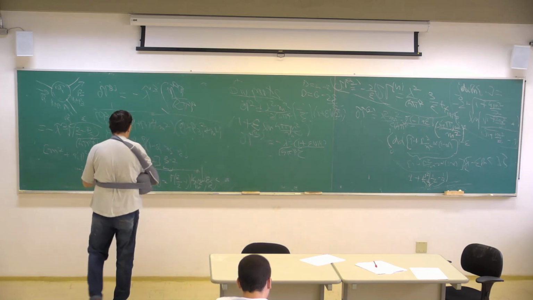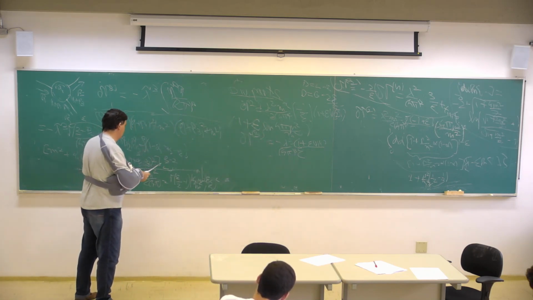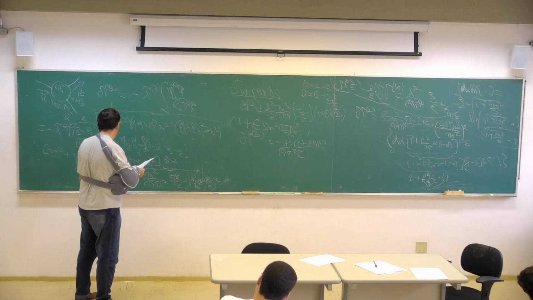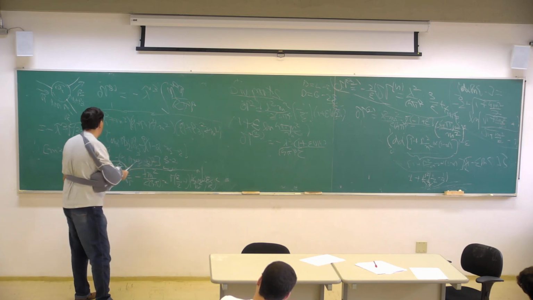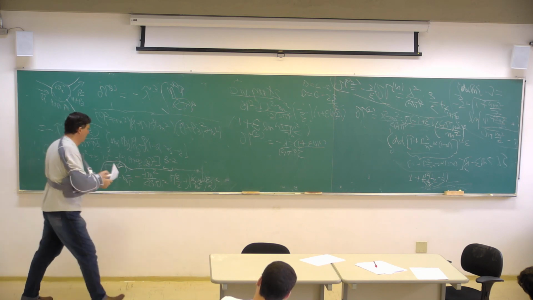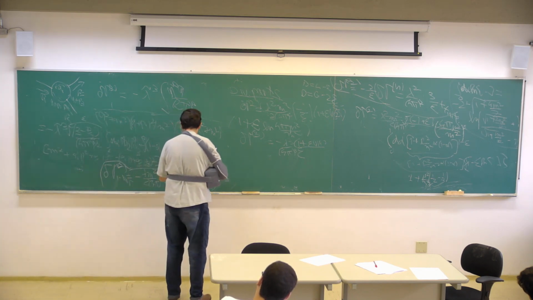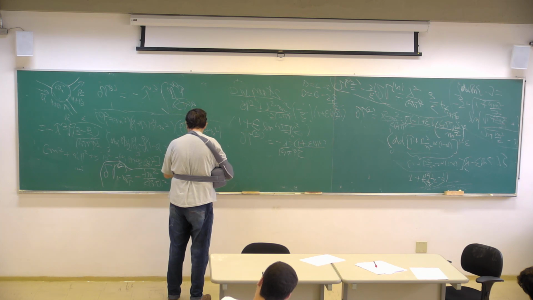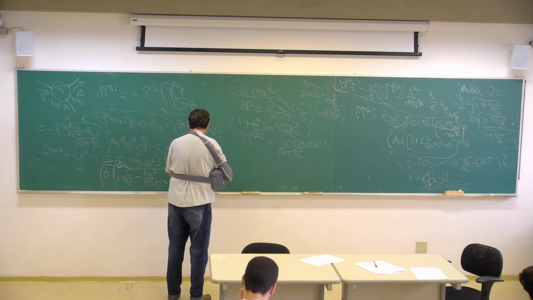And then m squared comes out with the same. So this term is now again 3 minus 2, 1 minus epsilon.